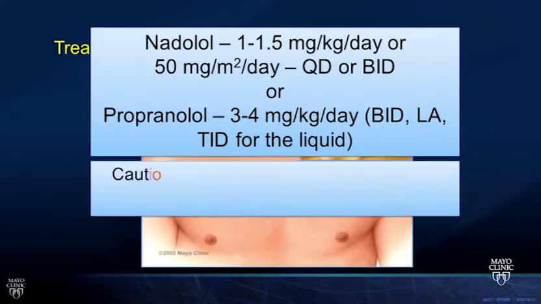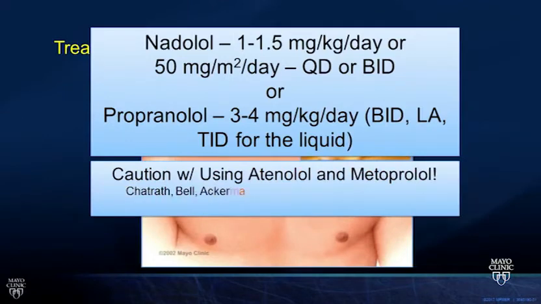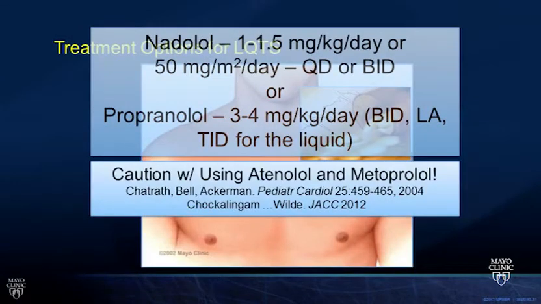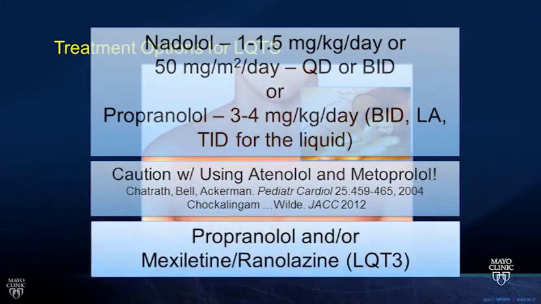There's been no randomized study to prove their superiority over the beta-1 selective beta blockers, but we would urge caution with using them. Don't use them. You will not find a long QT specialty center in the world that likes the beta-selective beta blockers. Use the non-selective beta blockers.